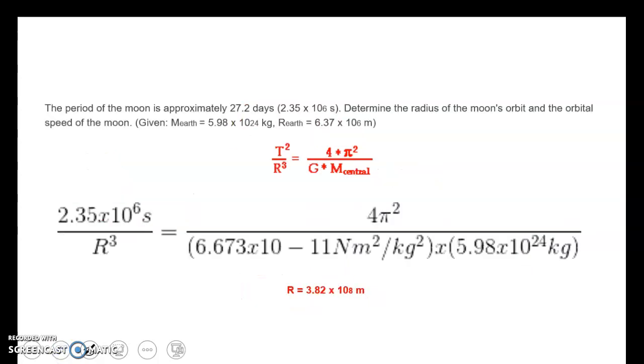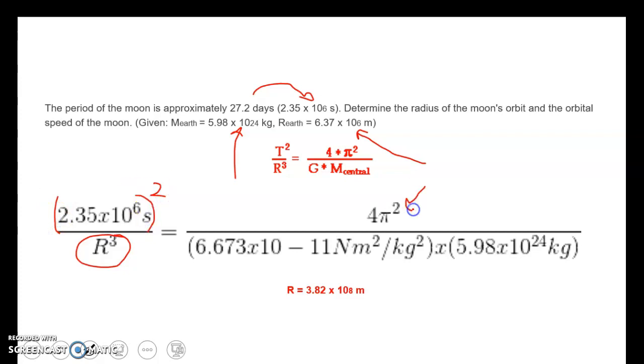Okay, here's another problem. The period of the moon is 27.2 days. Converted to seconds, it's 2.35 times 10 to the 6 seconds. We want to find the radius of the moon's orbit and the orbital speed of the moon. Okay, mass of the Earth, radius of the Earth, same as before. If we want to find the radius, we're solving for R. So we take our time, 2.35 times 10 to the 6th, squared.